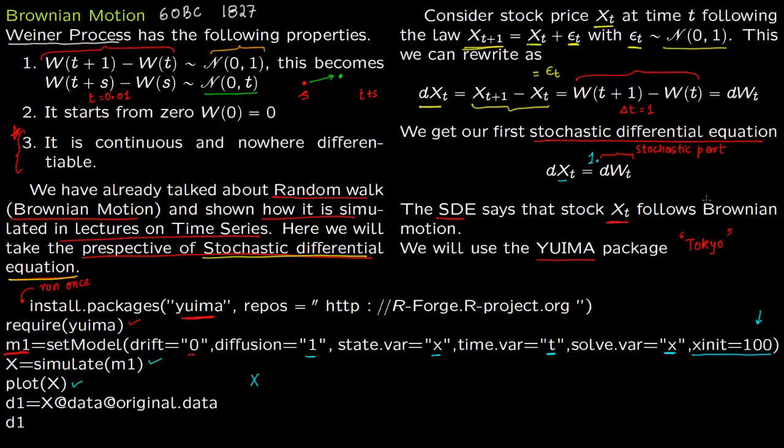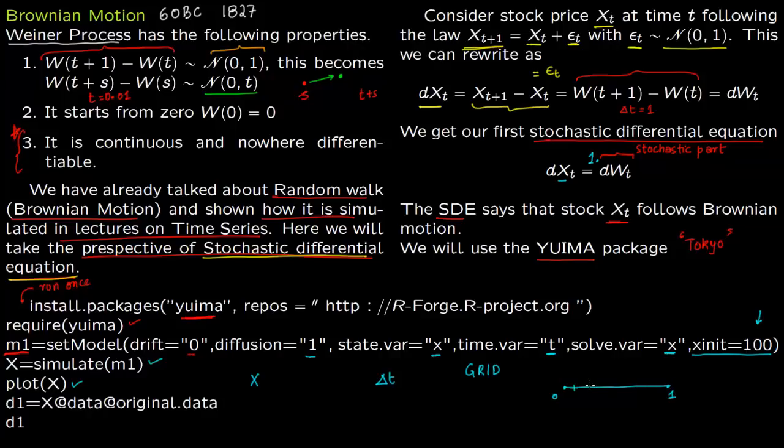Before I move further, let us again talk about this delta t being really small. As I said, the delta t is really small. For simulation purpose, our package is going to make a grid. This is how the grid is going to look like. The grid is from 0 to 1, and we are going to do 100 simulations in it.